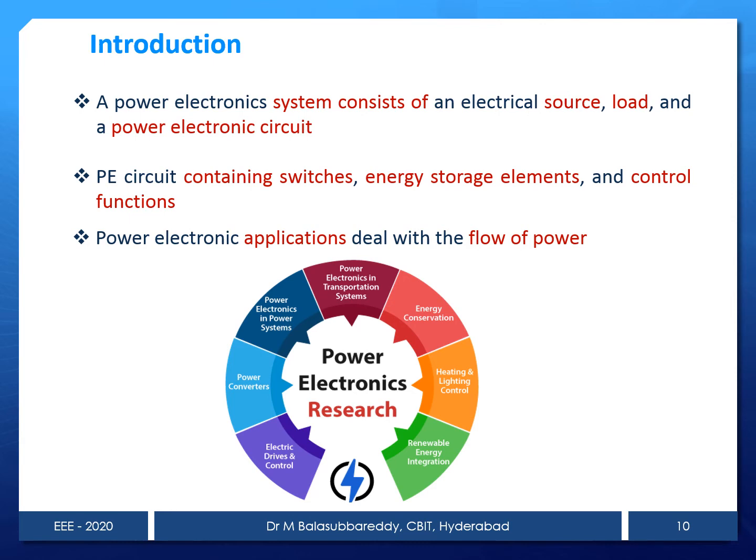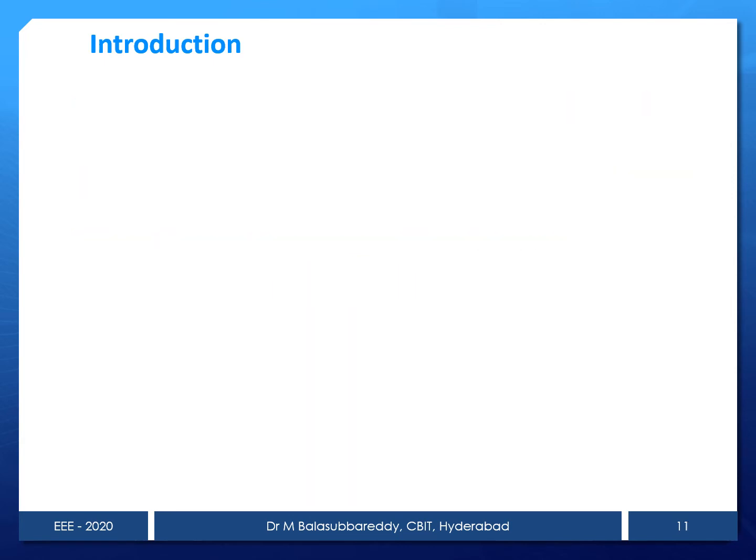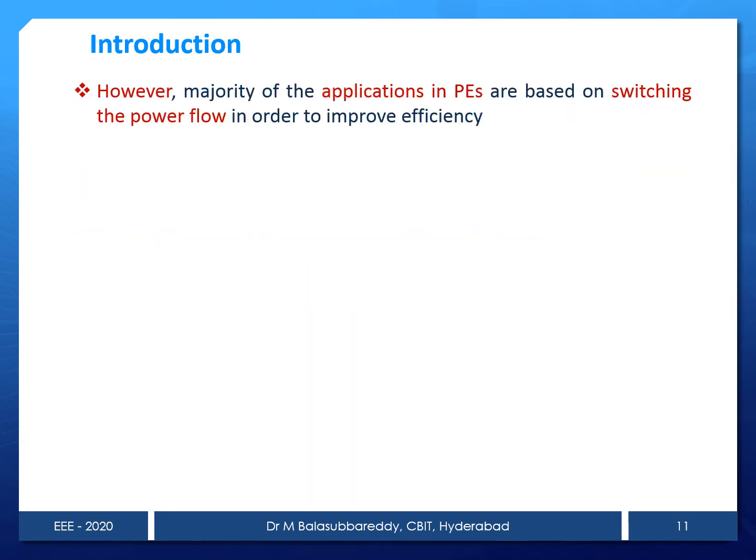Many areas we are able to use. The majority of the applications in power electronics are based on switching the power flow in order to improve efficiency. So we are able to operate the controllers only through switching action.